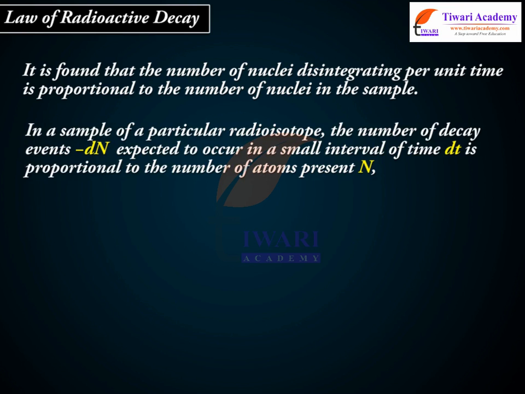In a sample of a particular radioisotope, the number of decay events, minus dN, expected to occur in a small interval of time dt is proportional to the number of atoms present, N. Minus dN by dt is proportional to N, or dN upon dt is equal to minus lambda N. Equation 1.